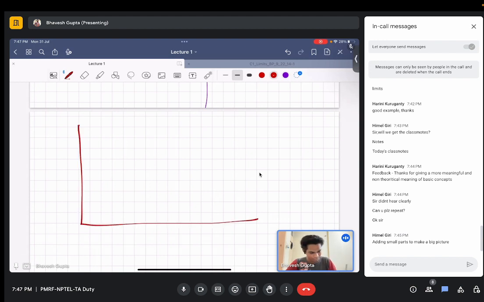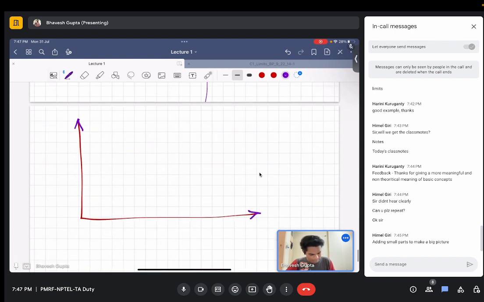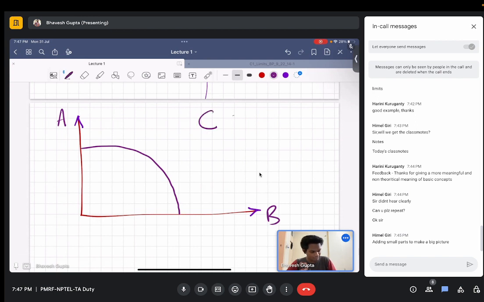Let's say you have a graph that looks like this, and let's say this is the quantity A versus B. I want to calculate C, which is A into B. So how will you calculate this? Using differentiation or using integration? How will you begin?